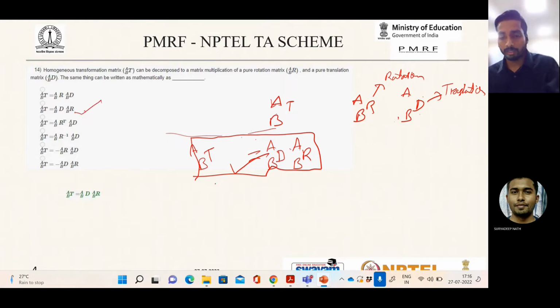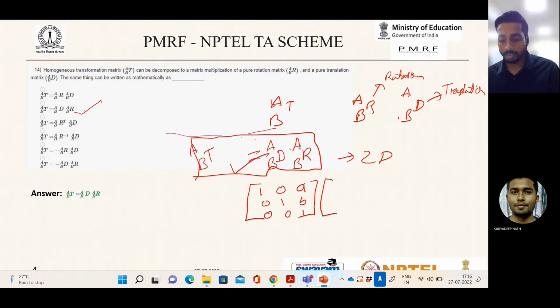We can verify this using a simple example. Suppose you take a translation. For translation we have 1 0 0 1. This is just for the 2D case we are taking. So A B 1 0 0, this is the translation part.